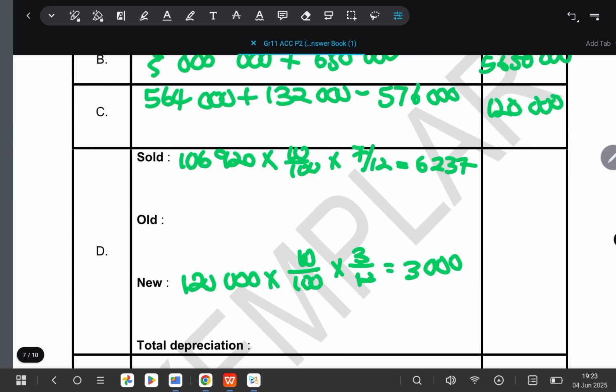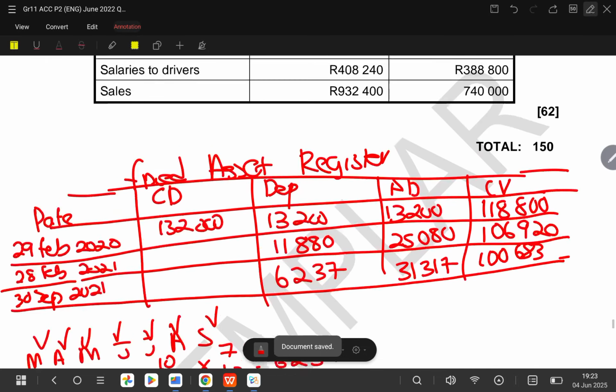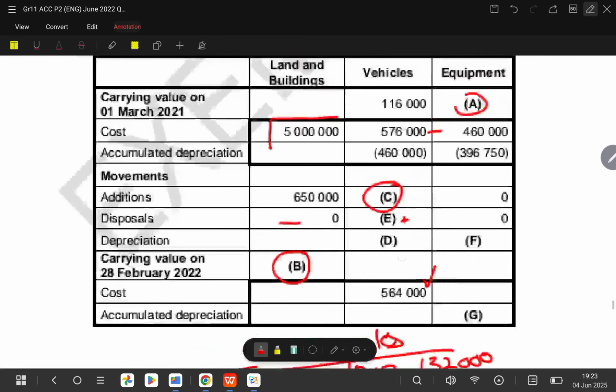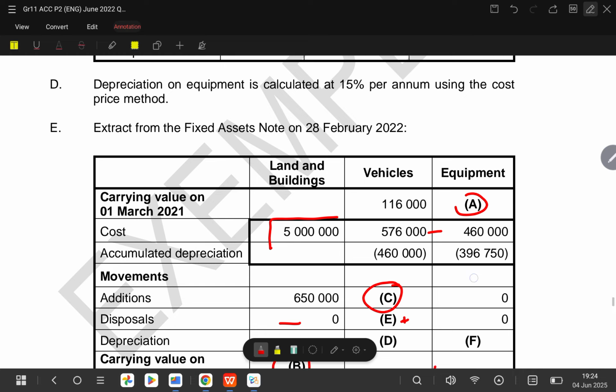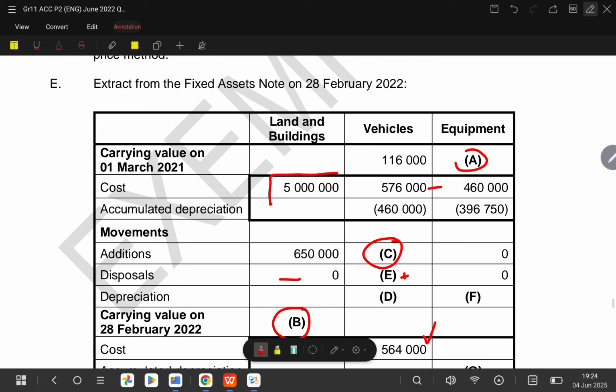Now remember how we did it here. After this, for the old ones, you need to show them that you are going to subtract the accumulated depreciation. For the old ones, the balance at the beginning is 576,000.